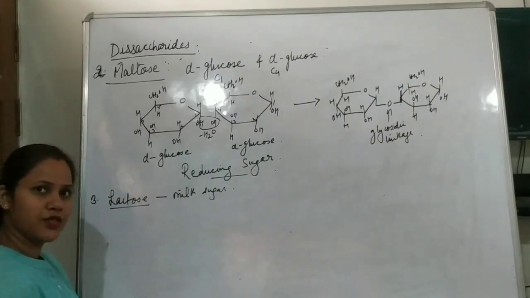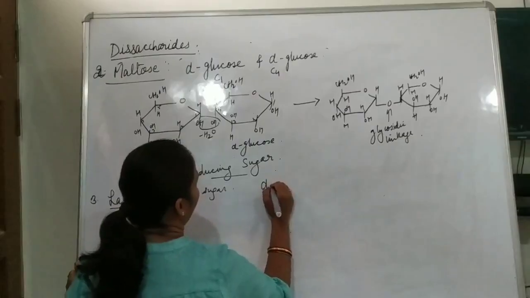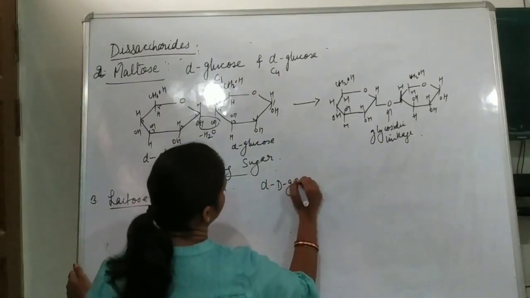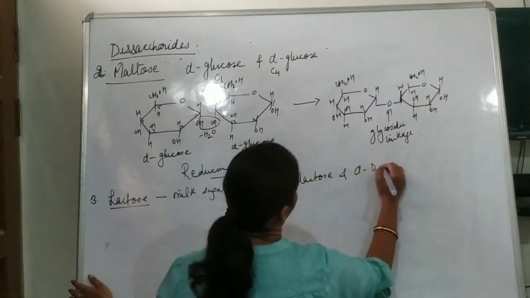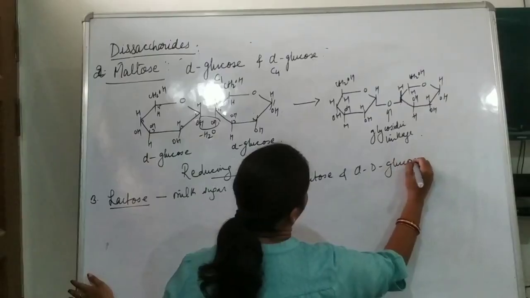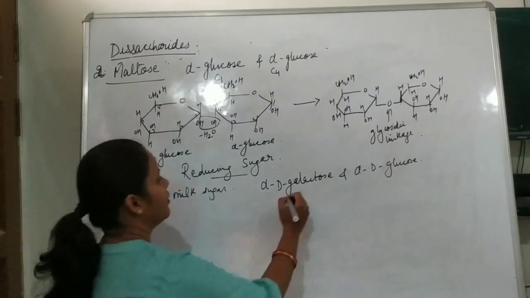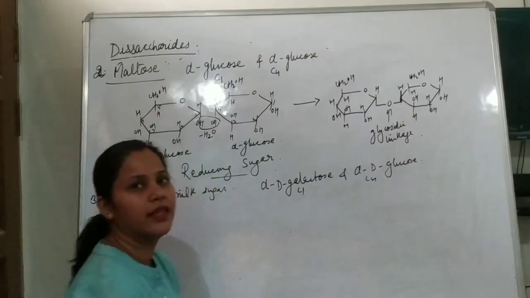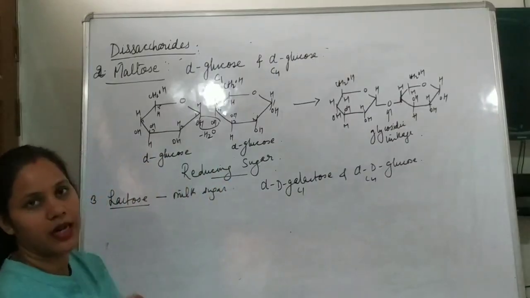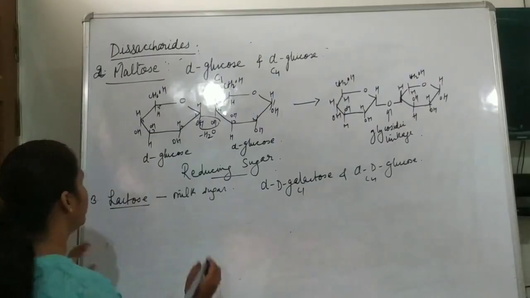Now, how is it formed? Here, carbon 1 of alpha galactose and carbon 4 of glucose combine together to form a glycosidic linkage to form lactose. Okay, so let me show you.